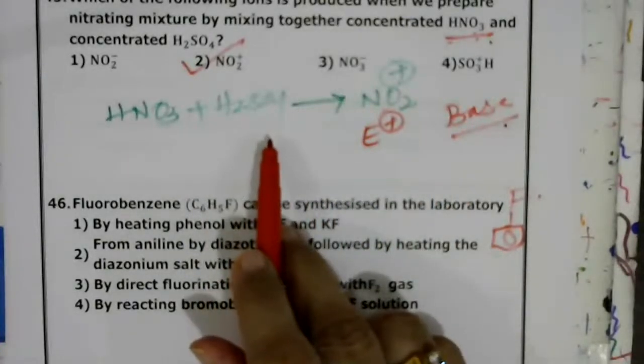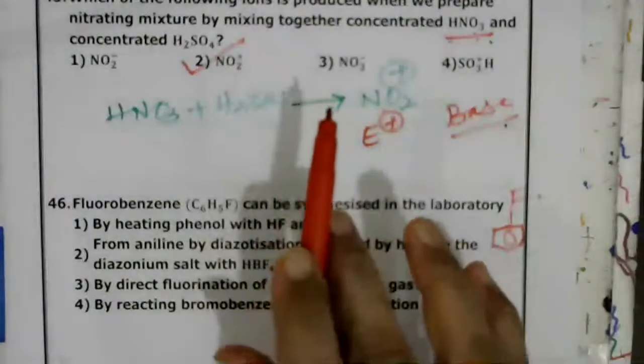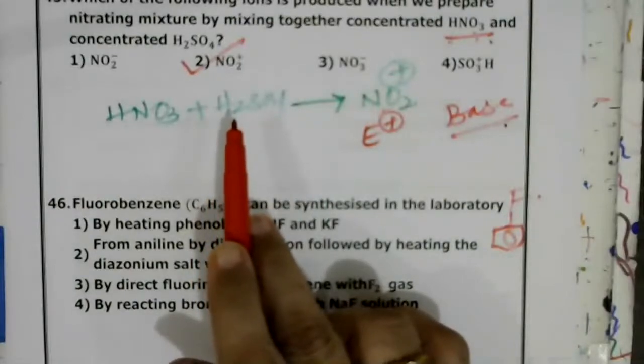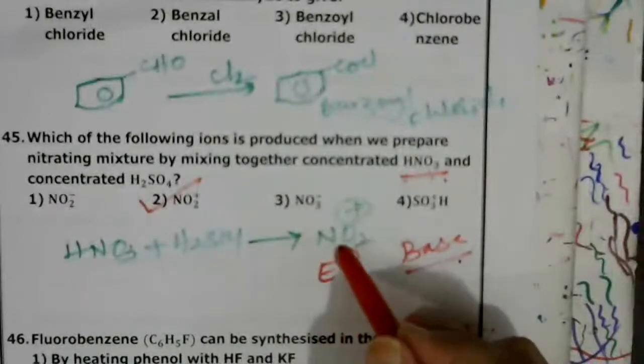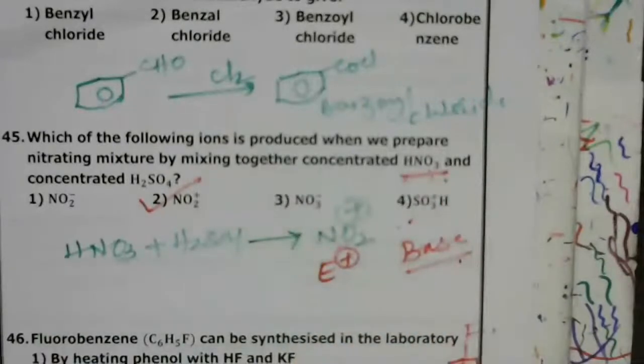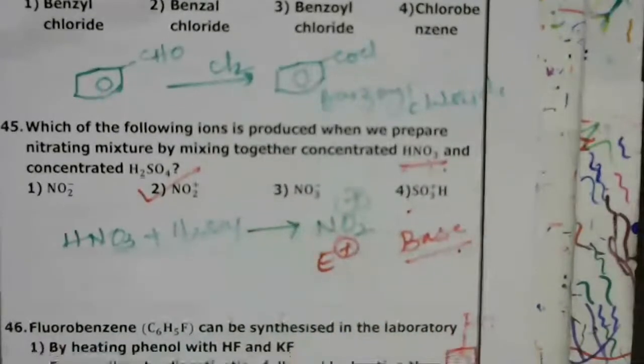That's why sulfuric acid is an acid only, and it can act as a dehydrating agent also. Because in the reaction, along with the NO2 plus, they are going to form H2O also. That H2O will be absorbed by sulfuric acid. Yes. Good response. Very good.